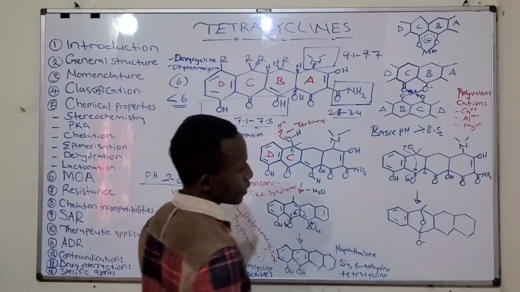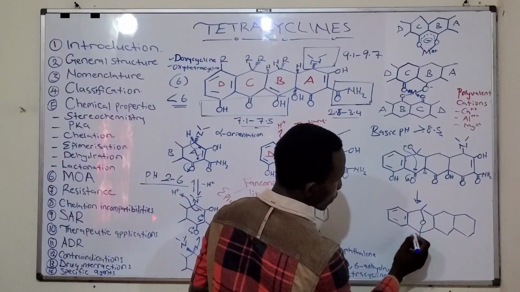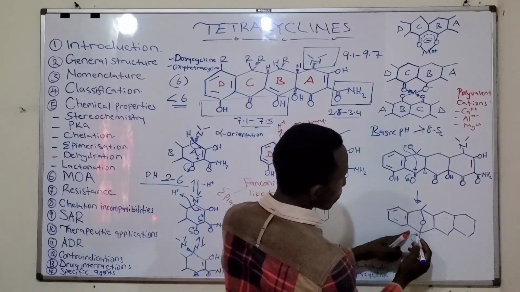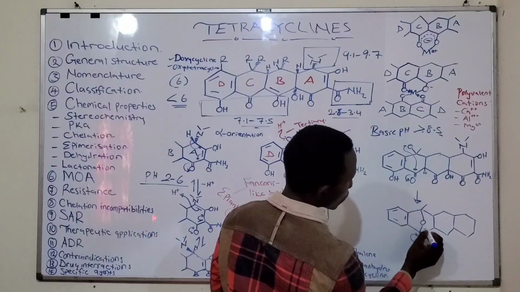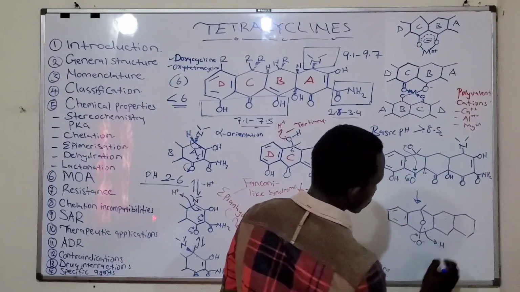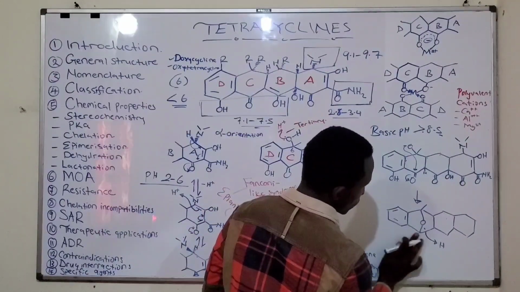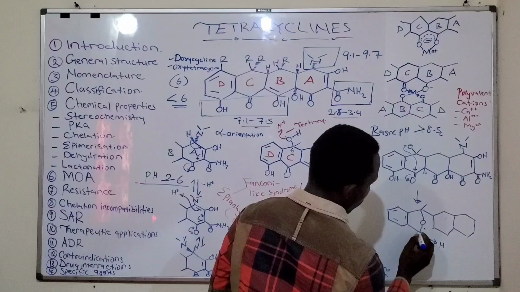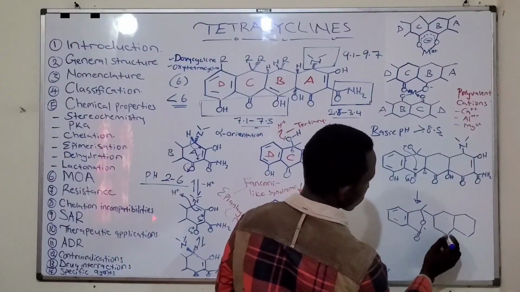That's what we have. Now, this oxygen will form a bond back because it is unstable. When it forms a bond back, this bond will break. So when it breaks, it will take the hydrogen. So we shall have this oxygen going back, so it will be O, and this ring will remain like this.